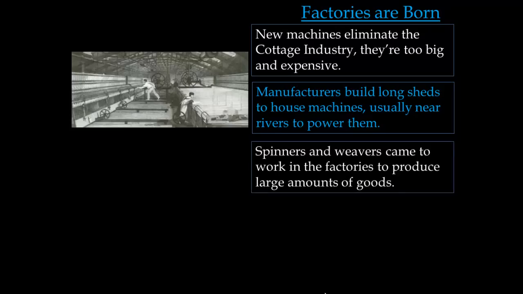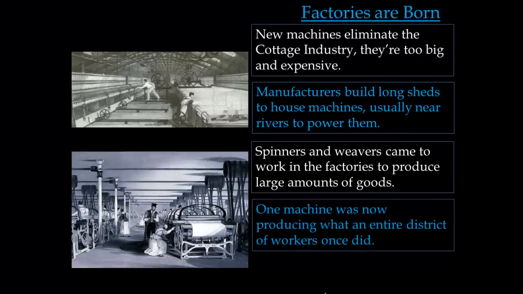So spinners and weavers are going to come in every day, and they are going to work to produce large amounts of goods. And one machine was now producing usually what an entire small district of workers once did. So you can kind of imagine the amount of work or production coming out of one machine.